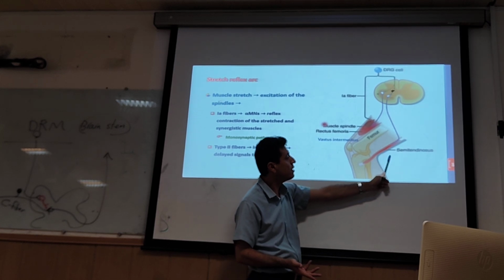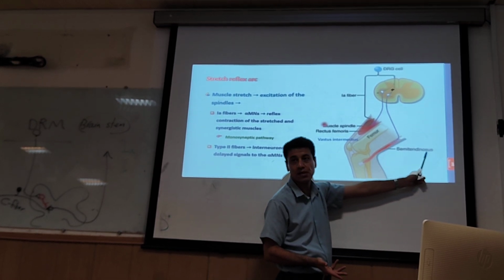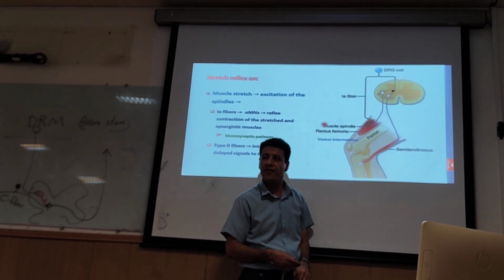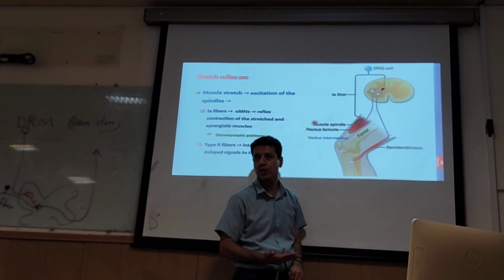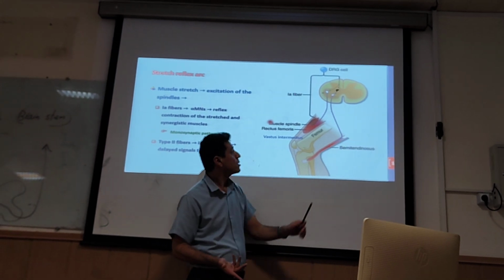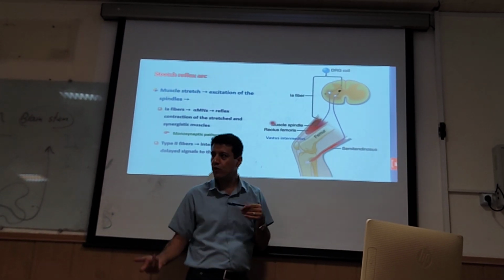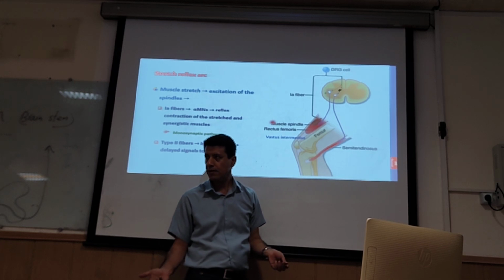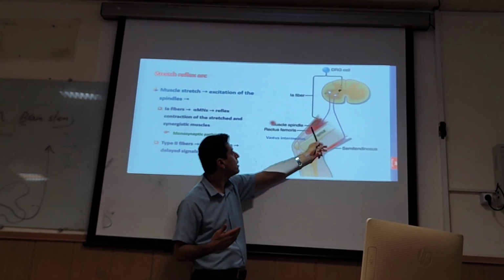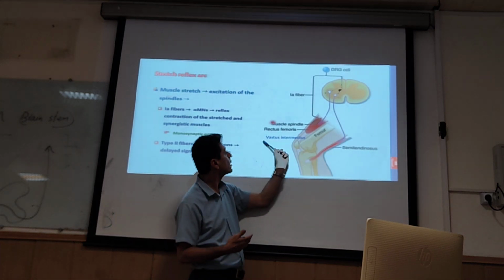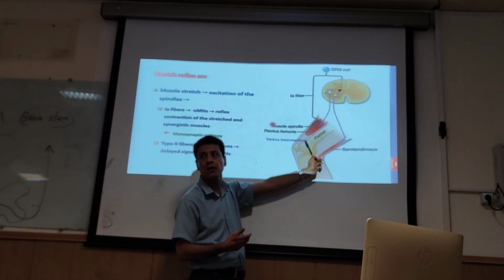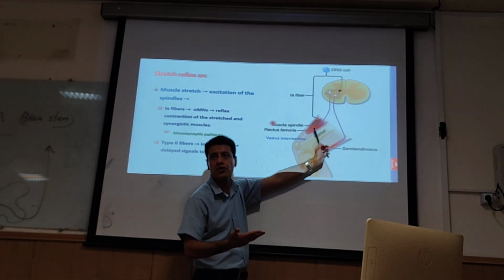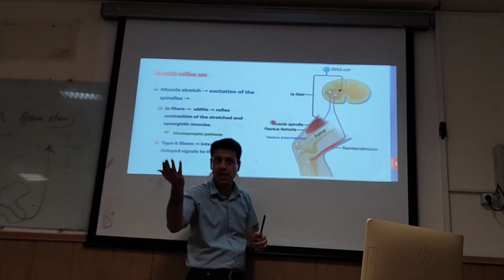What is the antagonist here? Semitendinosus. There is also a third branch, not shown here. You know that for every movement, you may have more than one muscle. The principal muscle here is rectus femoris, but vastus intermedius also does the same function, extension of the knee.